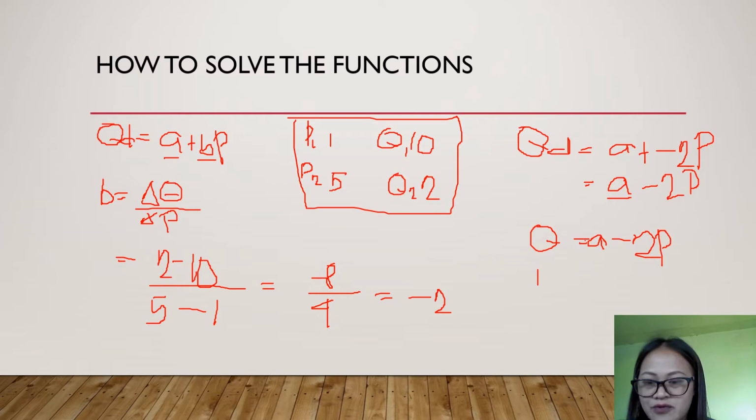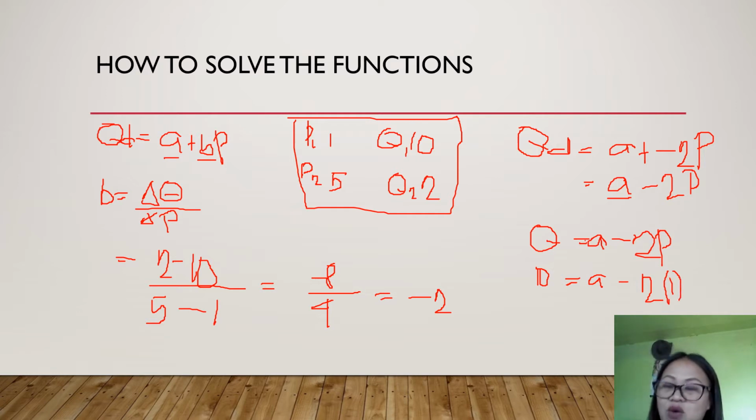So, let's proceed with the 10. Leave the A blank. Minus the 2. Ano ang value ng P? Siyempre, yung pares ng 10, which is considered to be 1. And the process will go on. So, in that case, you will find that A will be 12. A is equivalent to 12.